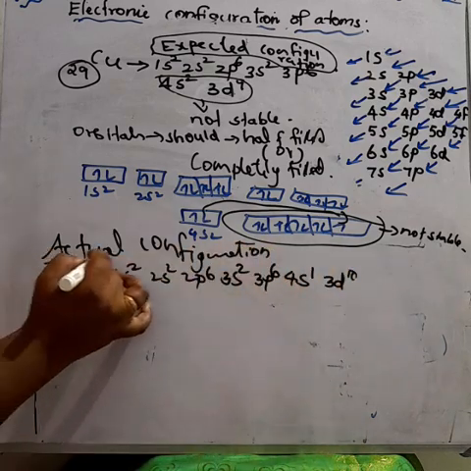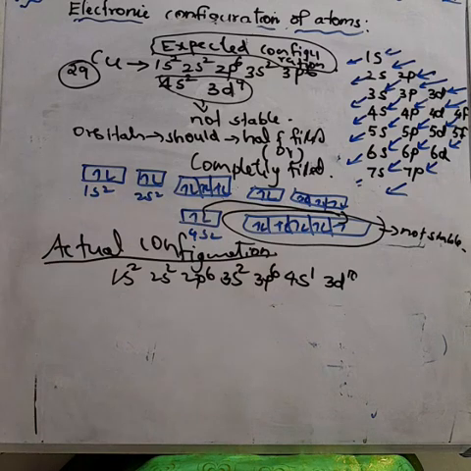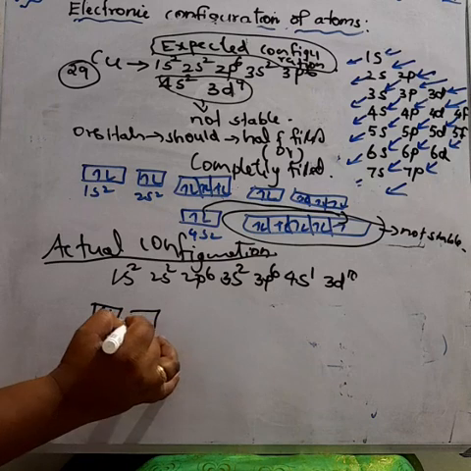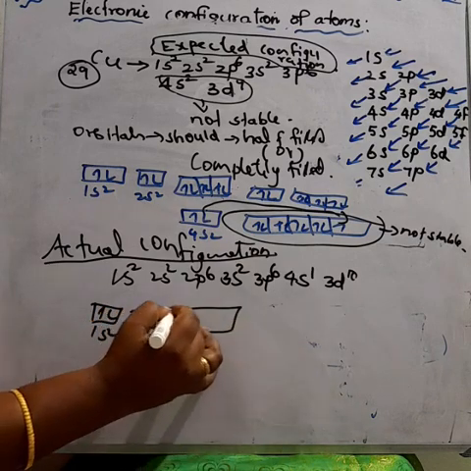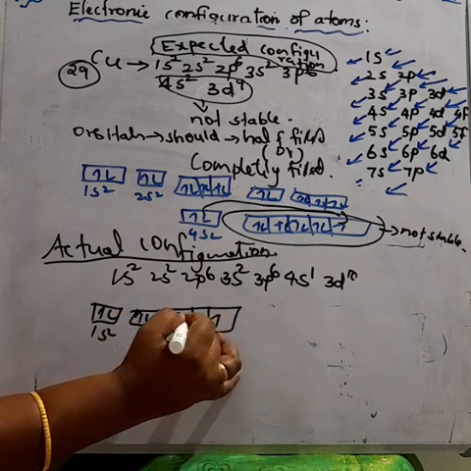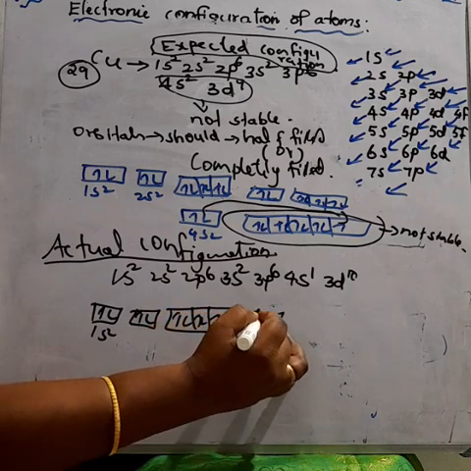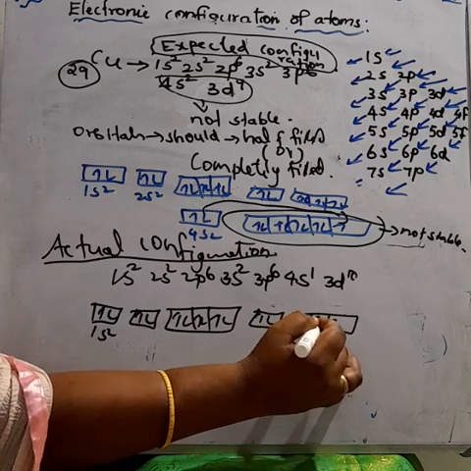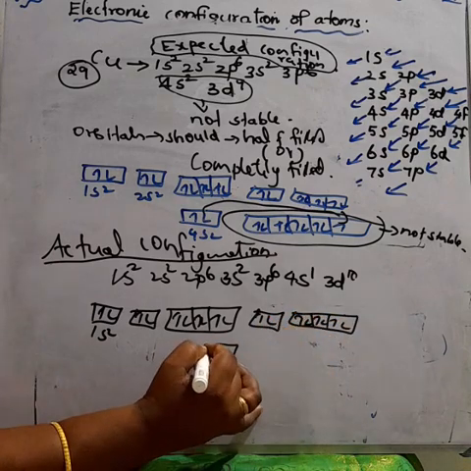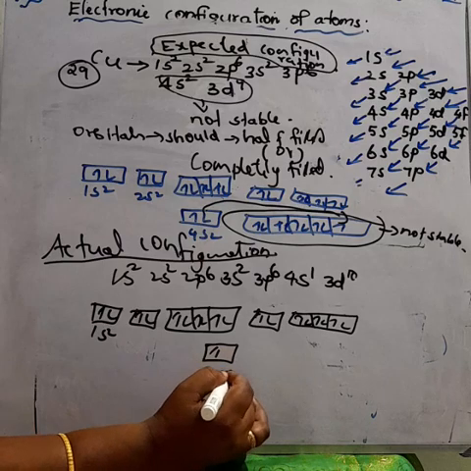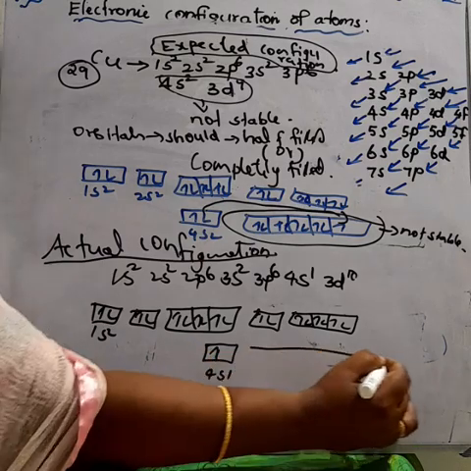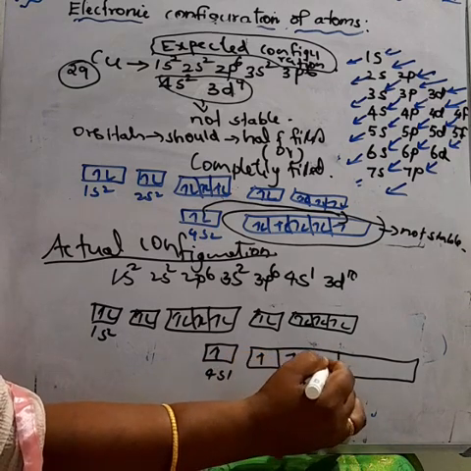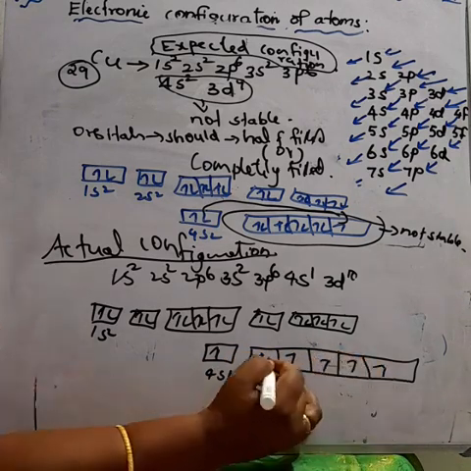How to write the orbital diagram? 1s2, 2s2, 2p6, 3s2, 3p6, then for the 4s orbital, how many electrons now? Only one electron. One electron goes to the d subshell to get the stable configuration. So 1, 2, 3, 4, 5, 6, 7, 8, 9, 10.